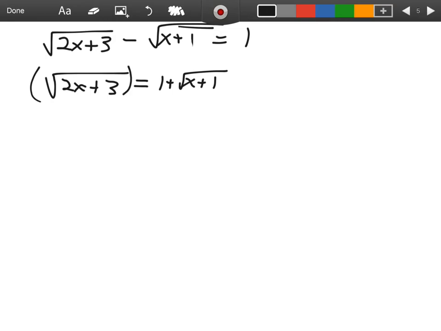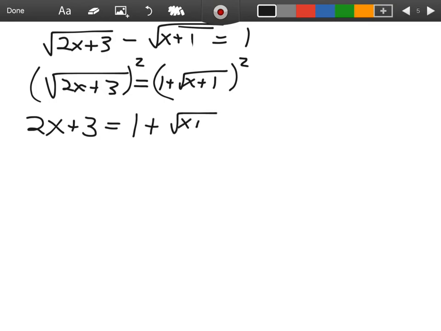Now when I square that, it'll get rid of the square root. So it's going to give me 2x plus 3. Right hand side, this is kind of lengthy. It's going to have 1 plus the square root of x plus 1 plus the square root of x plus 1 plus the square root of x plus 1 squared.